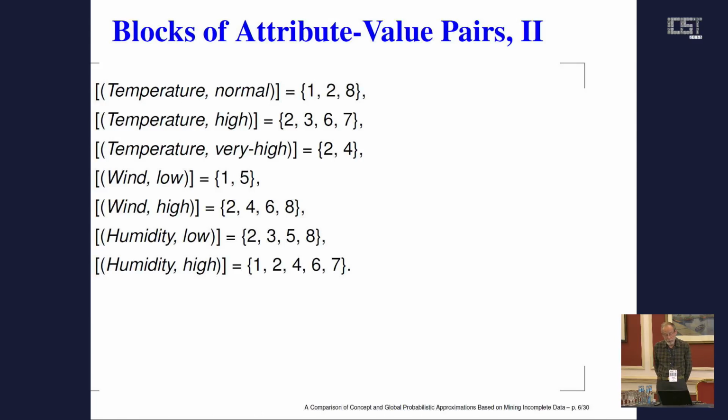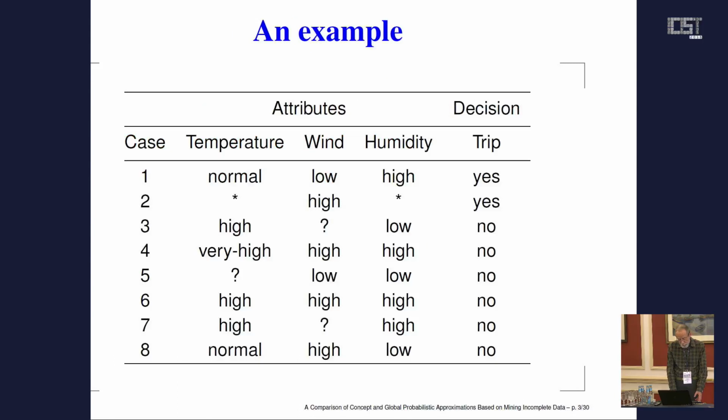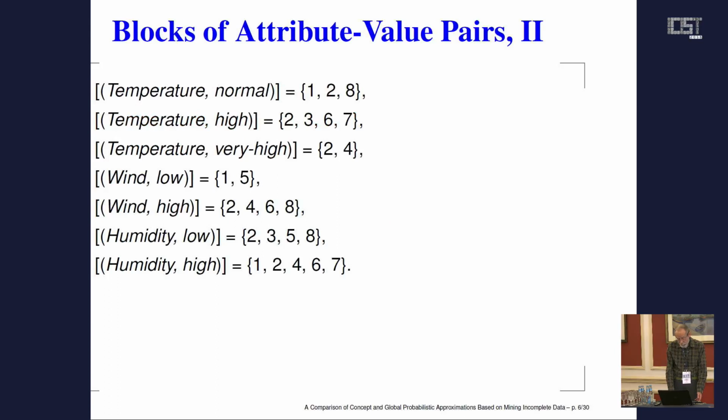For our small data set, you have here blocks of attribute-value pairs. For temperature normal, it is 1, 2, and 8, because if you look at the data set, for case number 1 and number 8 the values are normal, and for 2 it is a don't care condition. With a don't care condition, we use everything. So for every attribute and its value, we can compute a block.